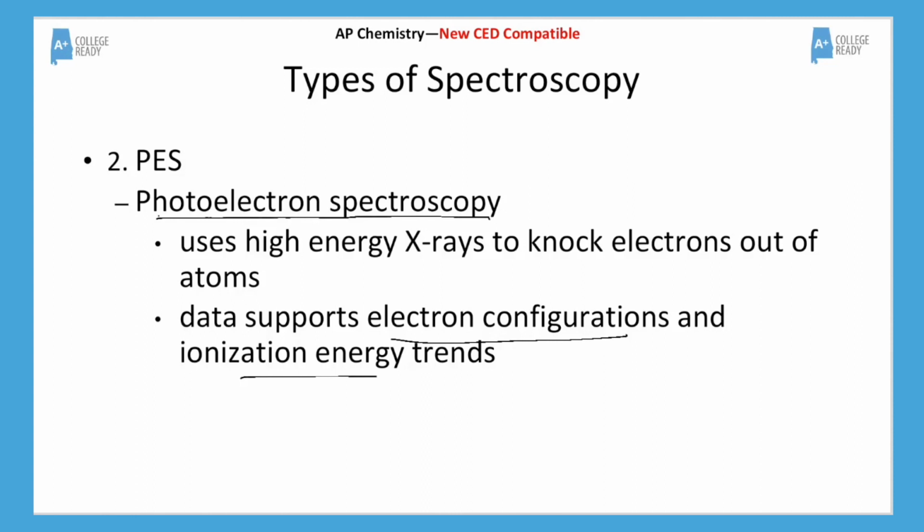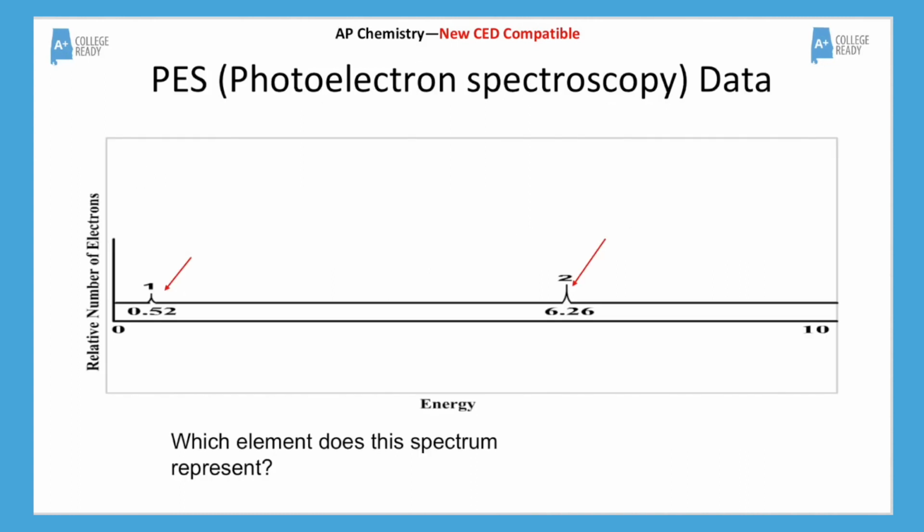So based on the energy the electron has when it's leaving the atom, we can tell, does it have little energy as it leaves because it took so much energy to overcome the attractive force of the nucleus, or maybe this was a valence electron because it didn't take much energy to remove it from the atom. So basically these graphs give us information about where electrons are located and what kind of energy they have.